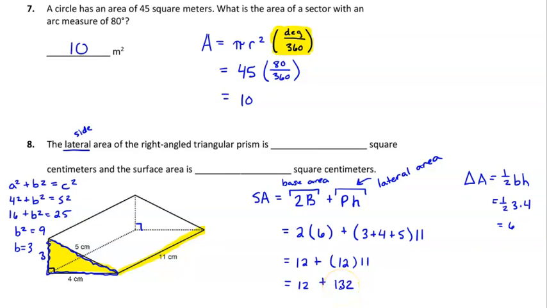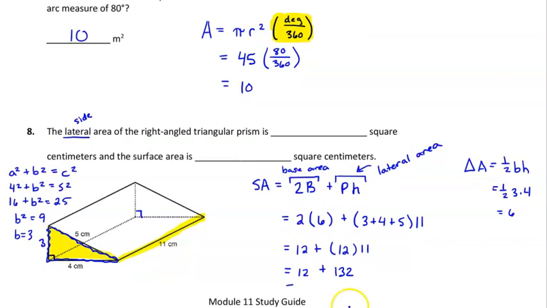And then if I add these together, that's going to be 144. So my surface area is going to be 144. And then remember, this is our lateral area. So this is the area of all the sides put together. And so that's going to be 132. And then if they asked us for the area of the bases, it would be 12.